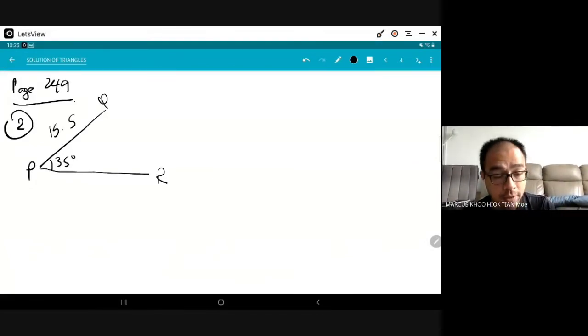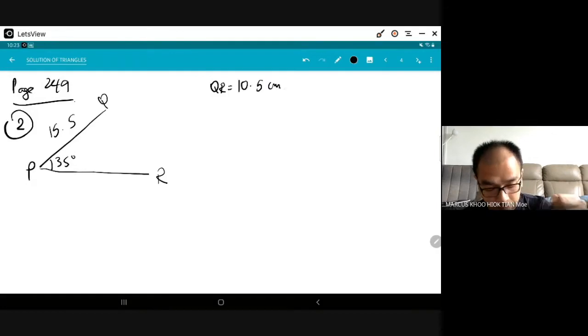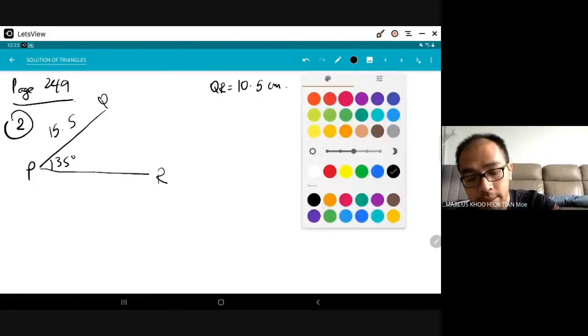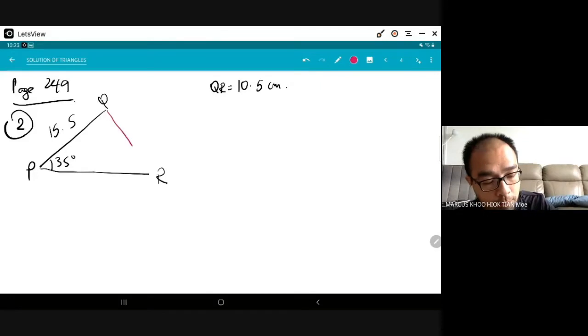Now you are given that QR is 10.5 cm. Find the possible values of QRP. Let's take a look at this. There are two ways to do this triangle. One is the obvious one. I complete the triangle over here and I say this is 10.5 cm.